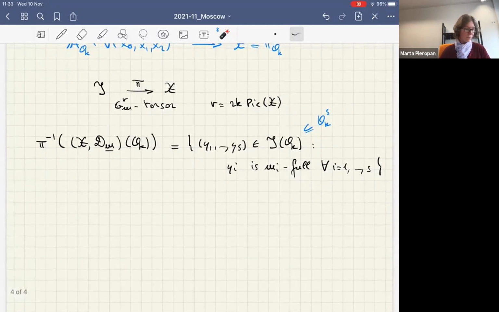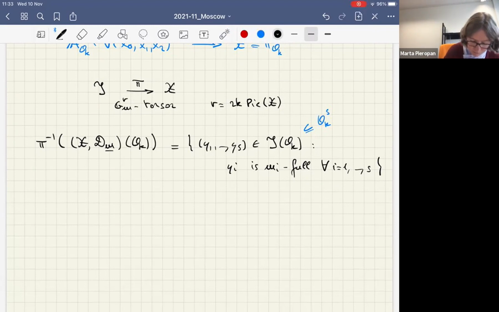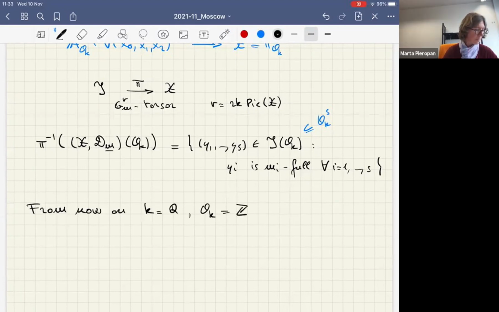And in order to measure my points, I have to define heights. The first thing, to make notation easier, from now on we only work with K, the field of rational numbers, and the integers.